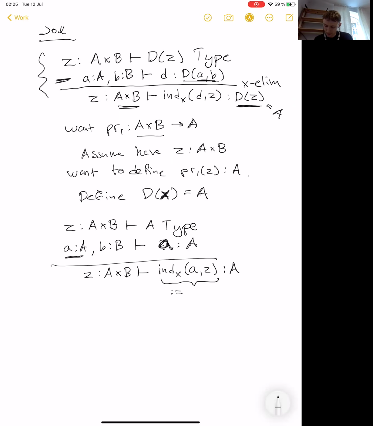We're going to define PR1 to be precisely this. And that's it.